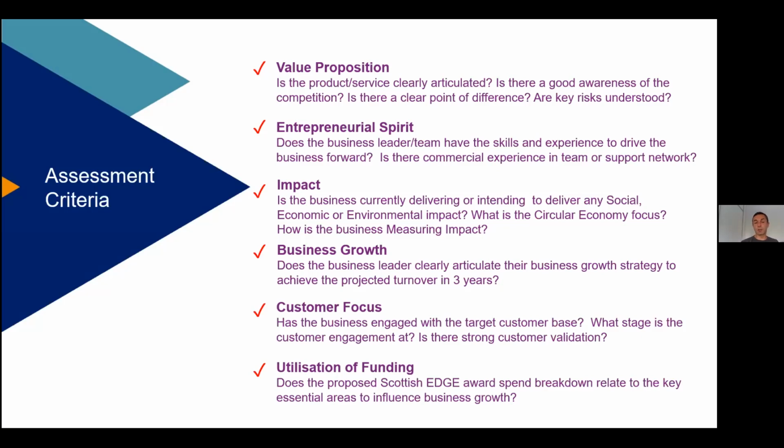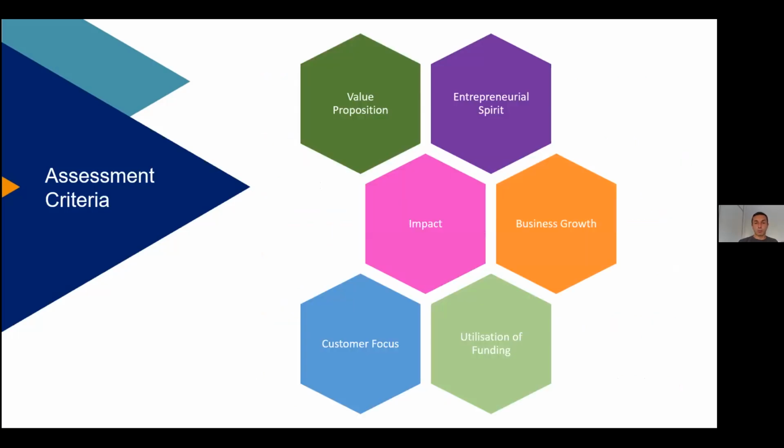And again, same thing with utilisation of funding. Does the proposed spend relate to key areas to drive the business forward? Does it feel the right stuff for this current stage of the business journey? So that's the types of things that we'll be putting to the judges, and then they'll decide based on that what businesses will progress.